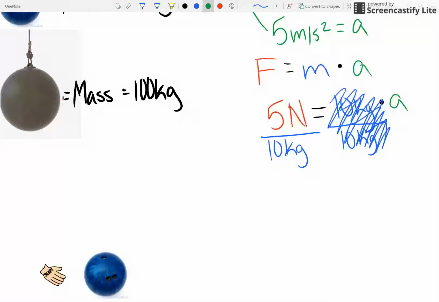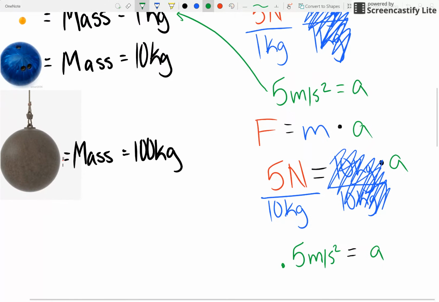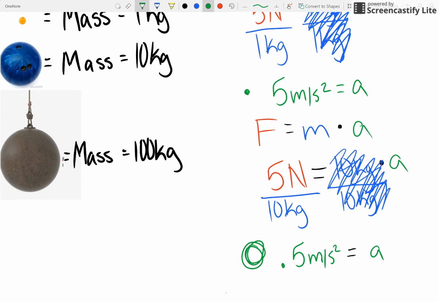The answer to this one is going to happen to be 0.5 meters per second squared equals my acceleration. So with our math, we can look at which one accelerated faster, my ping pong ball, which was right here, or my bowling ball, which is a little bit bigger. Well, my ping pong ball did with the same amount of force.